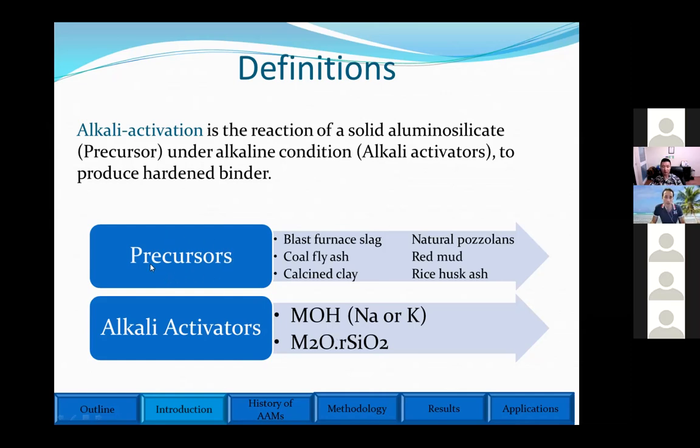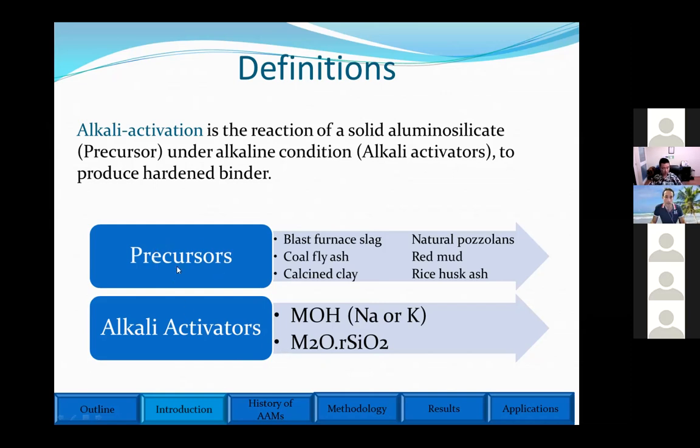So we typically use two terminologies: precursors, which we can call powders, like slag, fly ash, calcined clays, natural pozzolans, red mud, and rice husk ash; and alkali activators, or chemicals, like sodium hydroxide or silicate activators, which are a combination of silica and sodium or potassium, typically sodium.